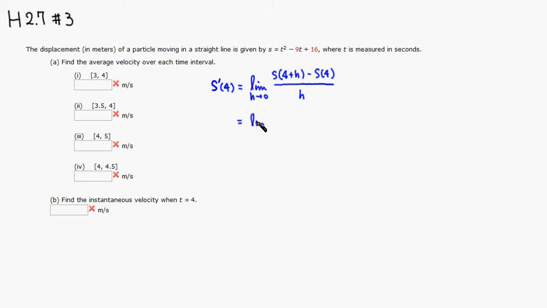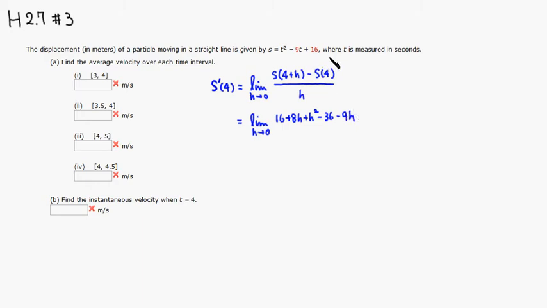Then if you use this function and plug in 4 plus h, we have the limit as h approaches 0. Alright, so 4 plus h squared, I'm going to go ahead and square it. So 4 squared would be 16, plus 2 times 4 times h, so it's 8h, and plus h squared. Minus 9 times 4 plus h, so 9 times 4 is 36, and negative 9 times h is negative 9h.